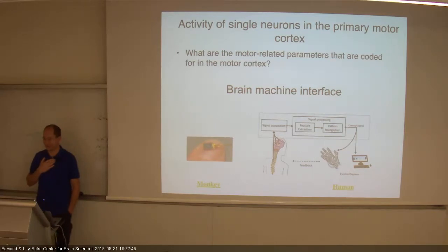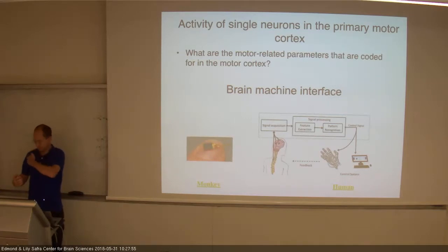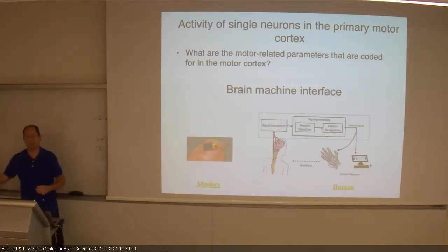Another really nice movie that I saw, very, very impressive, is that instead of recording activity directly from the brain, they took the nerve from the spinal cord and rerouted it into the chest of the patient. And then each time he wanted to move his hand, they were able to record activity in the muscle of the chest, and then they used that activity in order to move a robot.